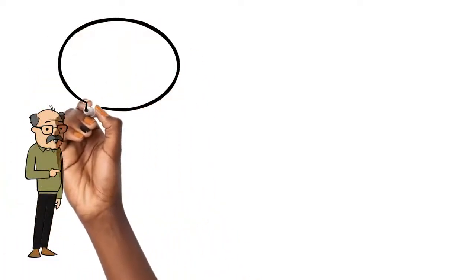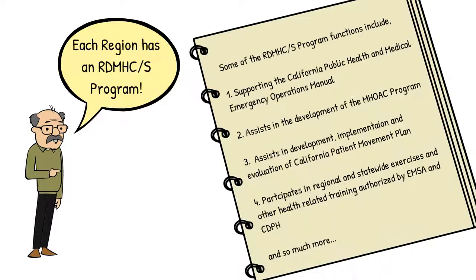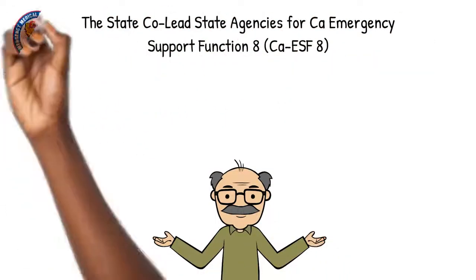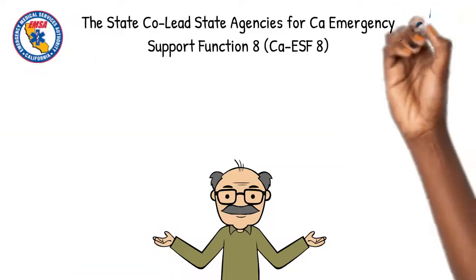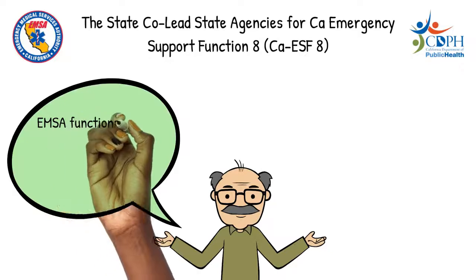The RDMHC program, the Regional Disaster Medical Health Coordination Program, includes multiple functions, including supporting the EOM, supporting the MHOAC programs, developing disaster plans within the state of California, and responding to any mutual aid requests within the state. The leads at the state level are the EMS Authority and the California Department of Public Health.